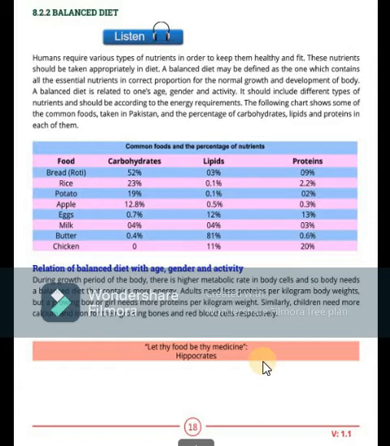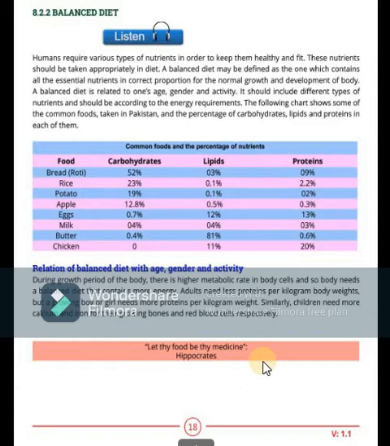The person who is sitting at home and not doing that much work, or someone who is doing just office work, has a different sort of balanced diet. So a balanced diet may be defined as one which contains all the essential nutrients in the correct proportion for the normal growth and development of the body.